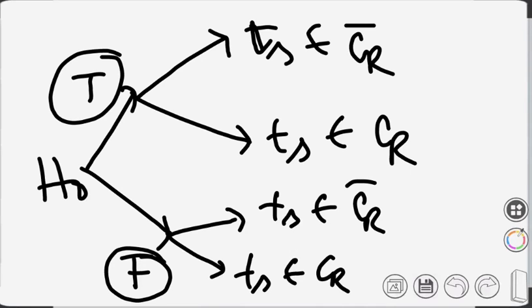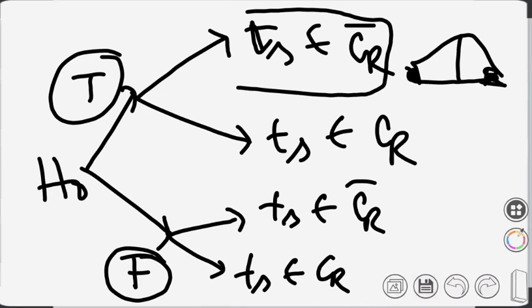Right? So suppose I'm drawing this. This is the critical region and this is the acceptance region. So if the value of the test statistic falls in CR bar, it means TS belongs to CR bar. What does that mean? Who can tell me?